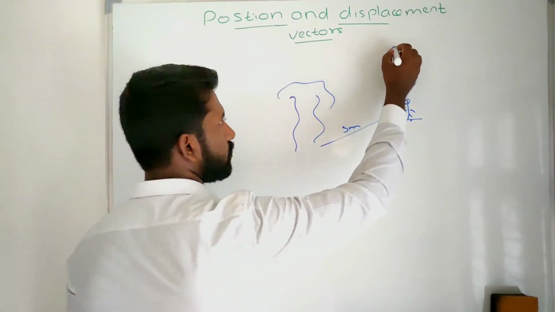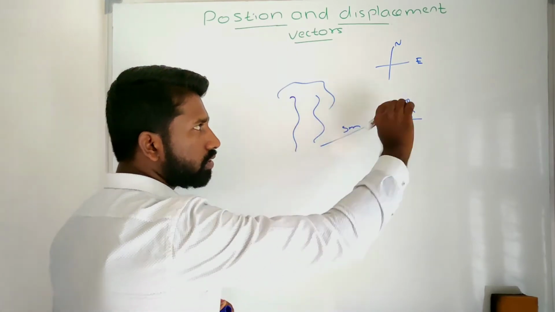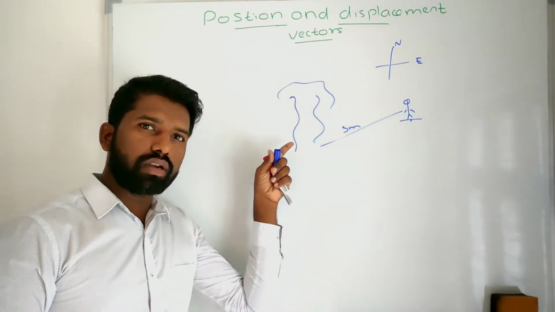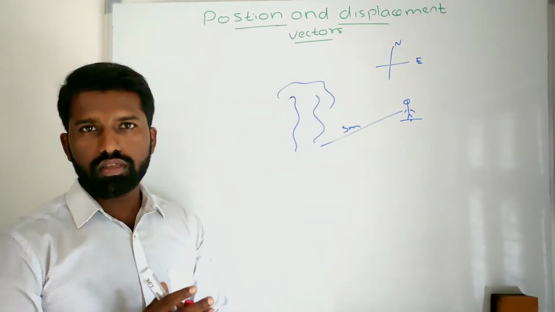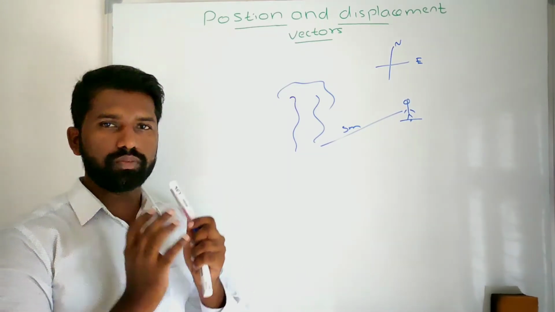You can see the direction: this is the north and this is the east. This way I can specify the position of an object.